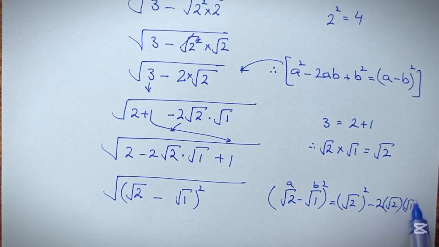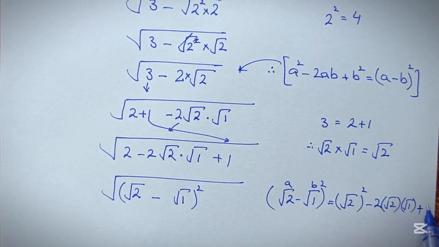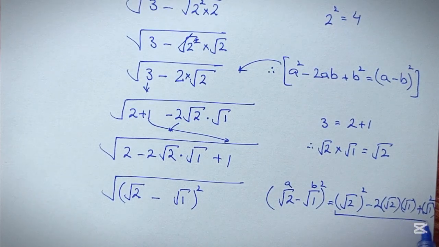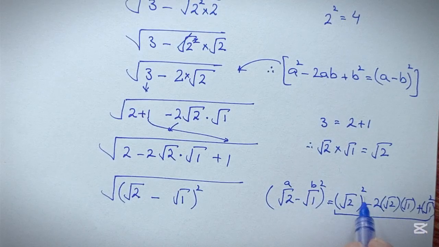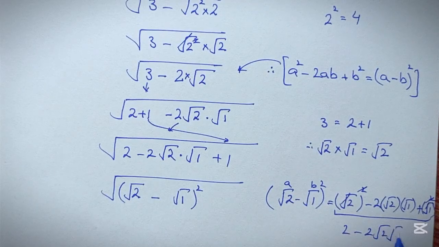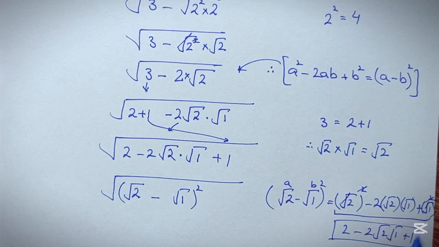So negative 2 into under root of 2 times under root of 1 plus under root of 1 squared, which is exactly the same as our equation, right? Now cut this square with this under root, and we are left with 2 minus 2 times under root of 2 times under root of 1. They cut each other, and we have 1. Now understand what I actually did in those steps.